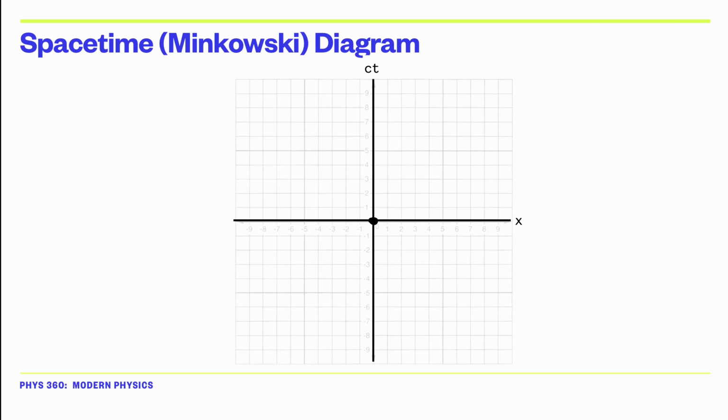Everything in the top half of the plane happens in the particle's future, and everything in the bottom half represents the particle's past. So let's look at some examples, remembering that the slope equals c over v, which is the same as 1 over beta.